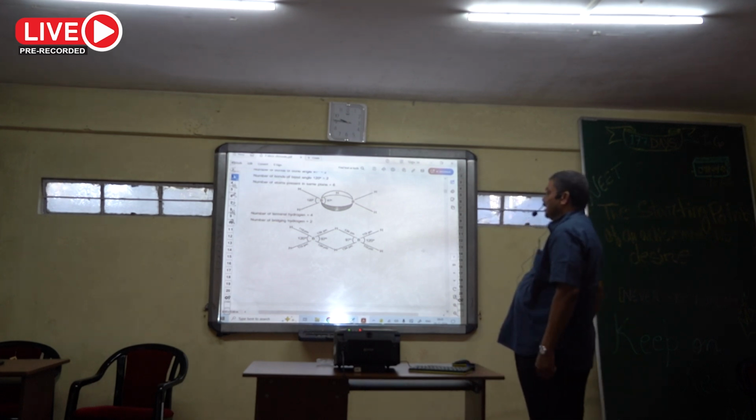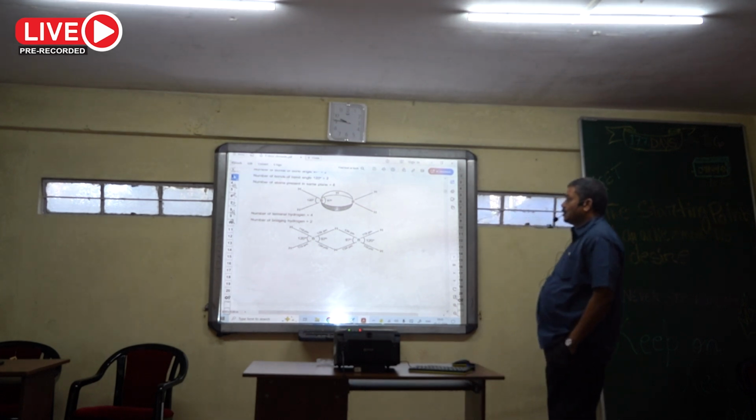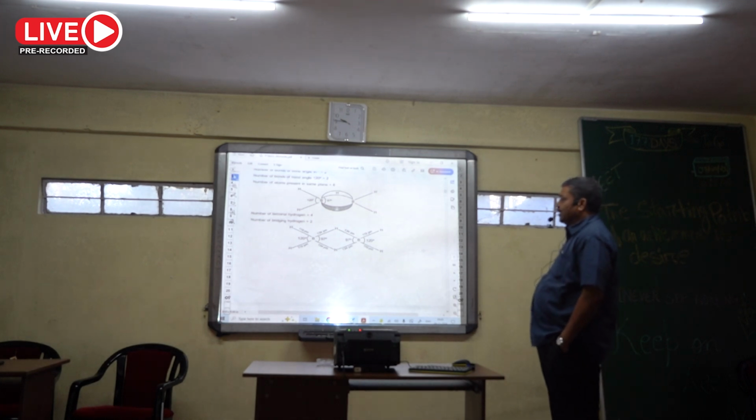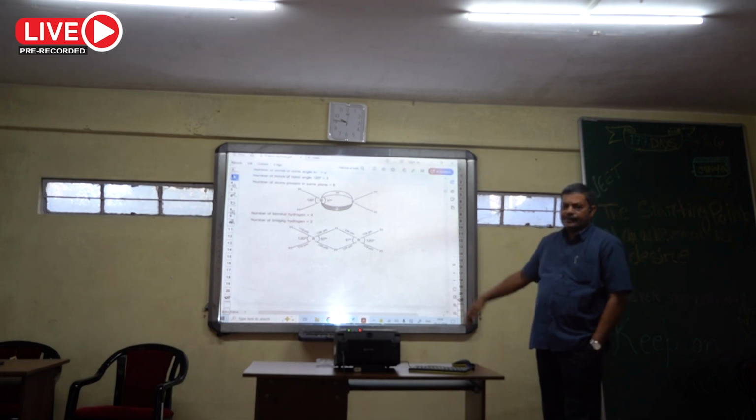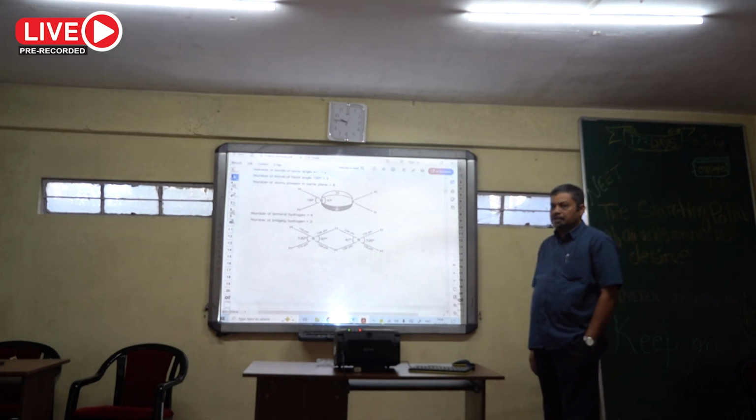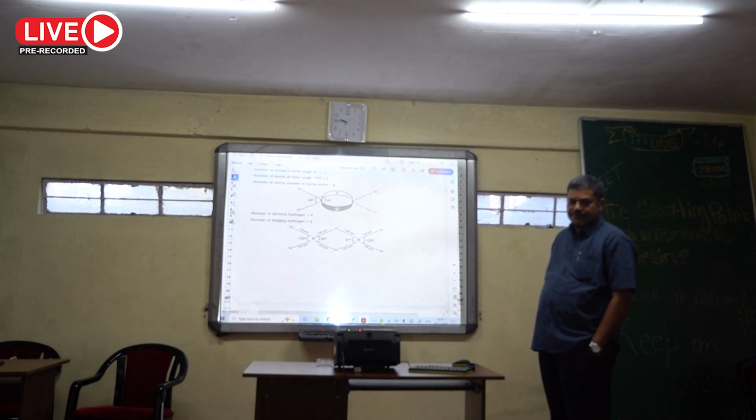We mentioned the bond lengths also. Terminal bond lengths are 119 picometers. Bridge bonds are 134 picometers. Already the structure is there, but just mention the bond lengths and bond angles.